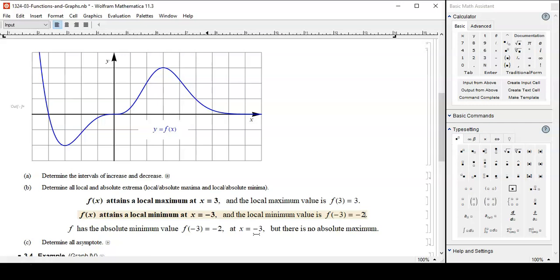That happens at x equal to -3. And as for absolute maximum, no, this one just goes up forever, so no absolute maximum. So absolute minimum at x equal to -3, and no absolute maximum.